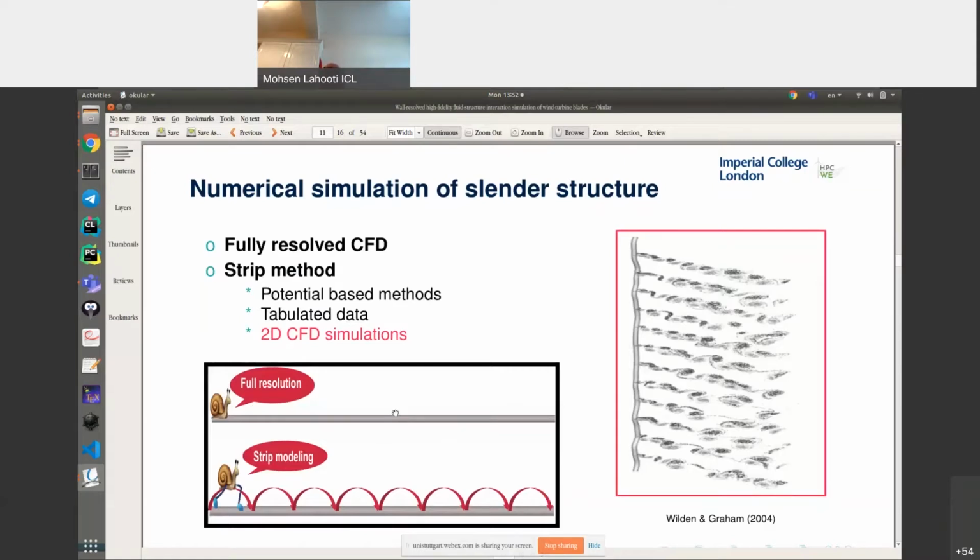The other approach is the strip method. In this approach, instead of fully resolving the whole span of the structure, we can focus on some sections of the structure, calculate the forces on those sections, and calculate the dynamics of the structure.